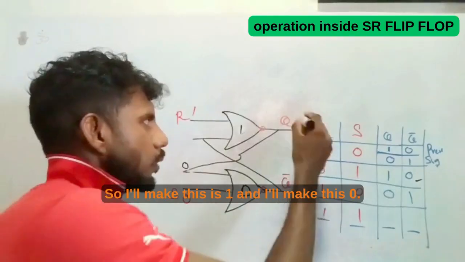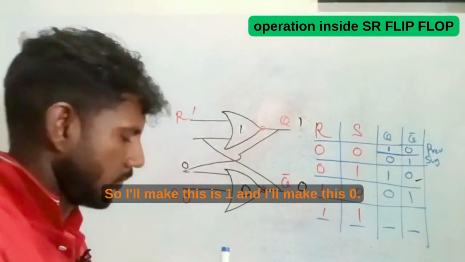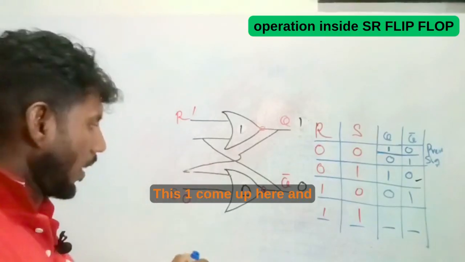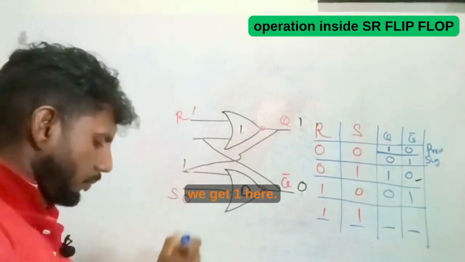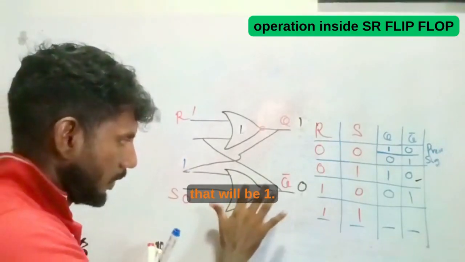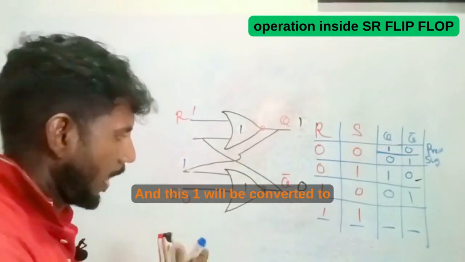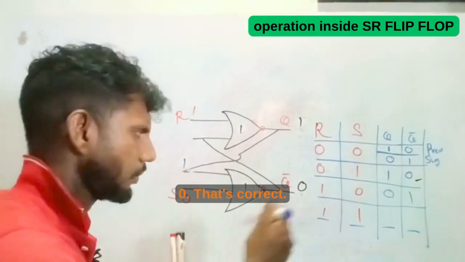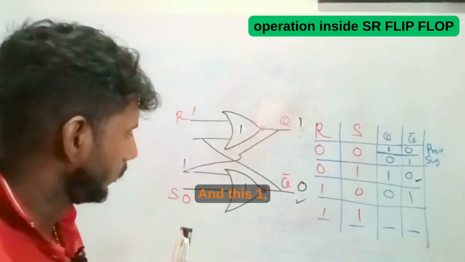So I'll make this 1 and I'll make this 0. This one comes up here, and we get 1 here. 1, 0 through the OR gate will be 1, and this 1 will be converted to 0. That's correct. Okay, so far so good.